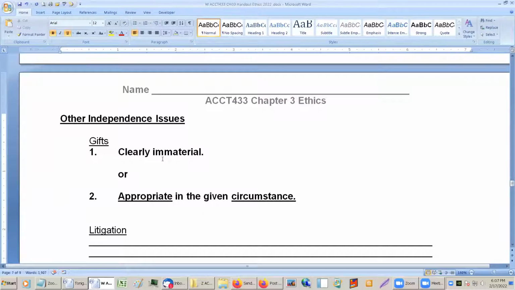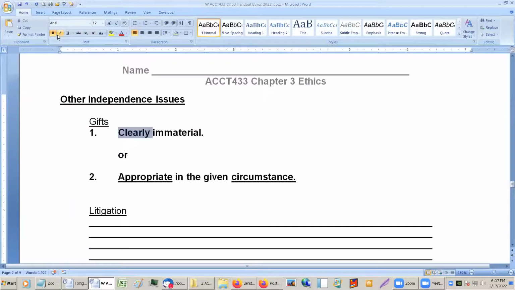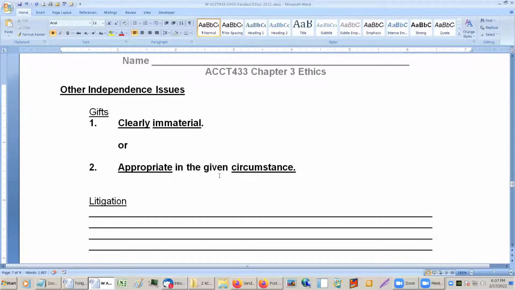The fees for these can be thousands of dollars, clearly material. But in the circumstance that this is a company golf outing, it's appropriate. I always call that the golfing rule, because that seems like where it always comes up. But either clearly immaterial, or appropriate in the given circumstance.